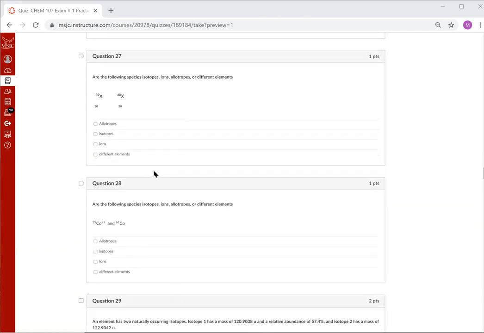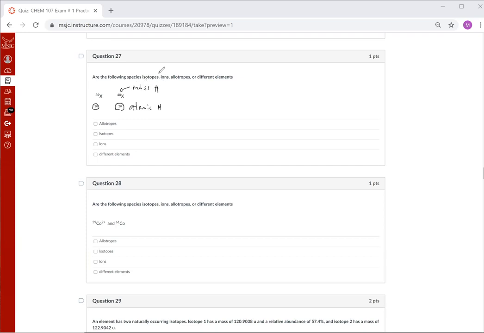Okay. So let's look at these next two, as these are a little more tricky. So we have the isotope notation, and we have the symbols and the atomic numbers, which are down here. So these numbers here are our atomic numbers, while the numbers up here are the mass numbers.